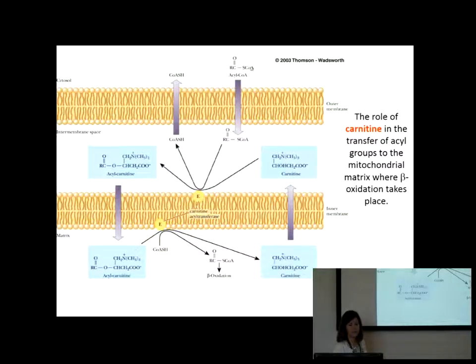So you guys need to know what is needed to get out across the outer membrane and what's needed to get across the inner membrane, and why would this whole thing happen? Why can't you make it permeable to coenzyme A? Because then your acyl group would not be available for beta oxidation.